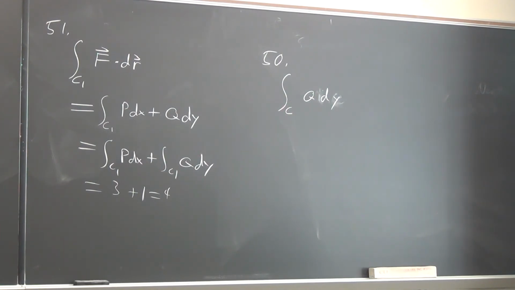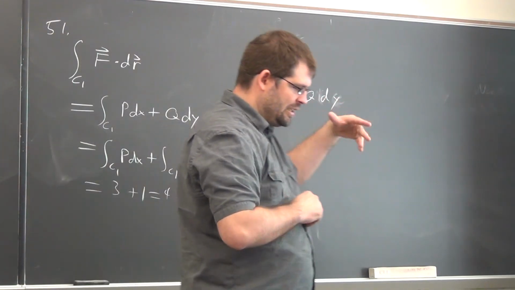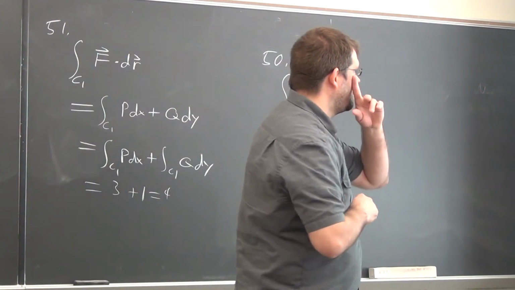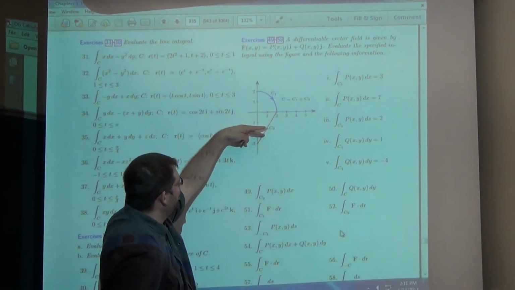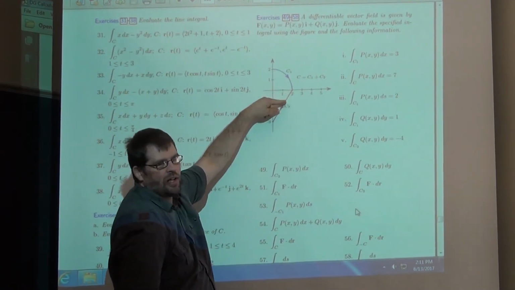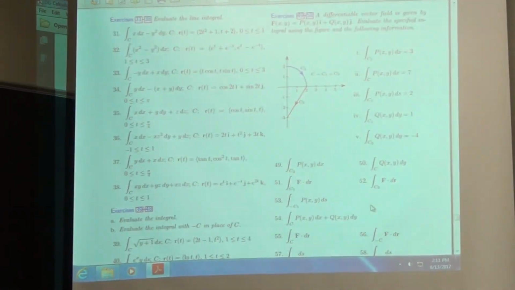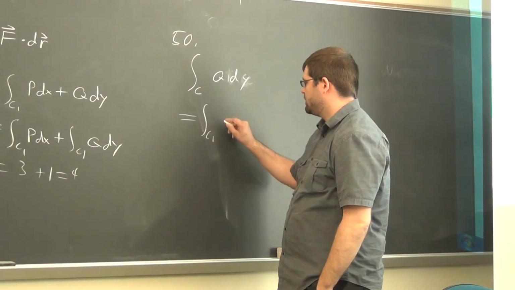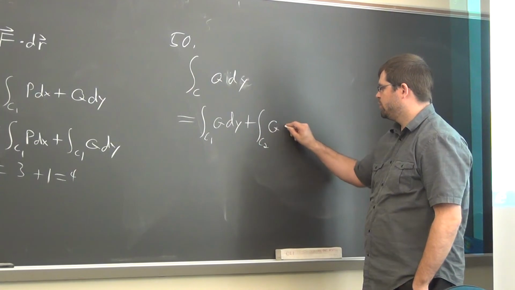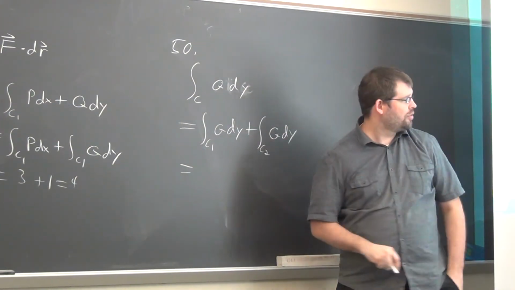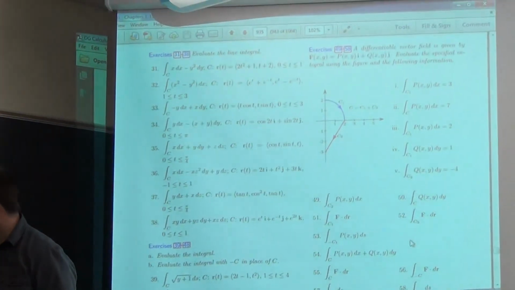That's right, where did that come from then? 4 and 5. The point is, and again, I didn't go through listing a bunch of properties of these, but they should be pretty clear, right? The integral over the whole curve, we used that fact last time, is the integral over C1 plus the integral over C2. So in your mind, at least, you should be viewing this as the integral over C1 of Q dy plus the integral over C2 of Q dy, and those were both given to you, 1 and -4.